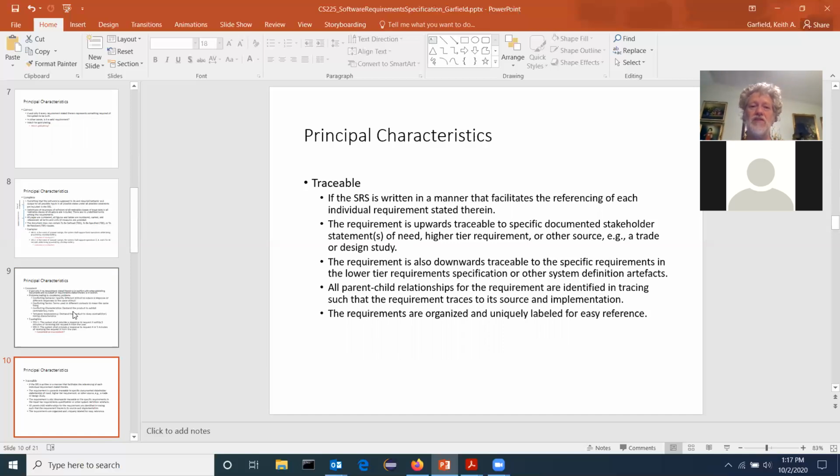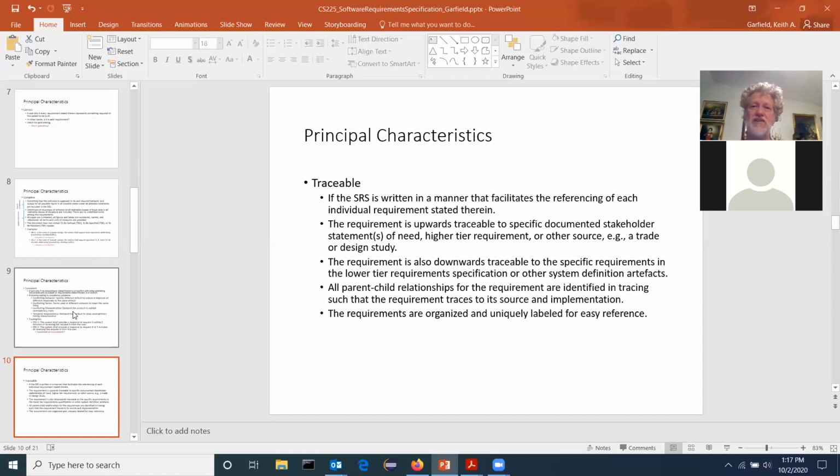But you can also trace forward. How do we know we met the requirement? Where in the code do we meet this requirement? In a full software design document, you would specify in your design, this is where I meet this requirement. So now I can say, here's my requirement. Do I meet it? Yes, here's where you meet it in the software. And then you go one step further. How did I verify that I meet it?